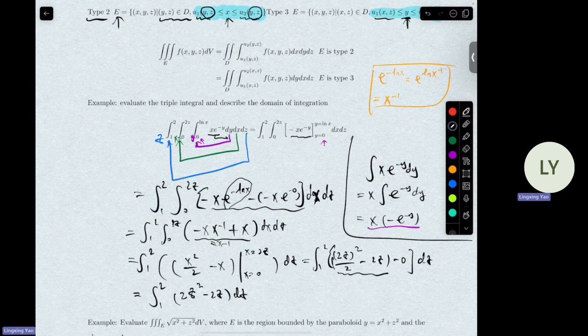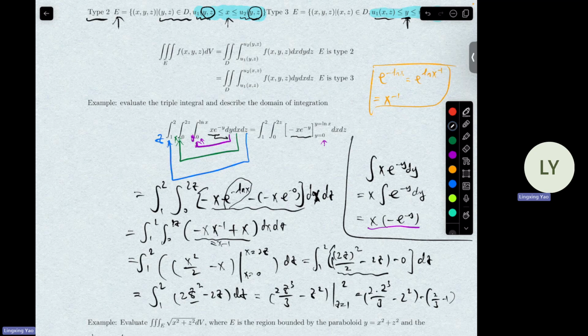So we have the antiderivative figured out for this: 2 times z cubed over 3 minus z squared, for z between 1 and 2. So when z equals 2, we get 2 times 2 cubed over 3 minus 2 squared, minus, when z equals 1, we have 2/3 minus 1.